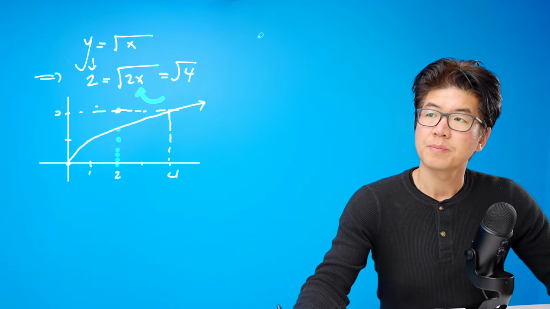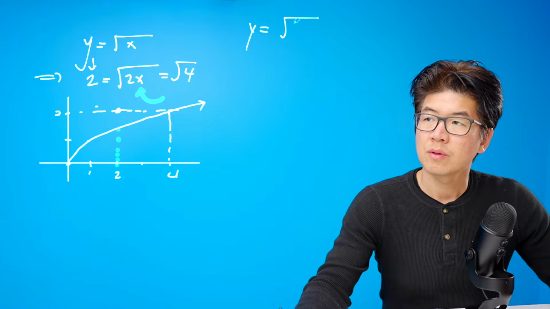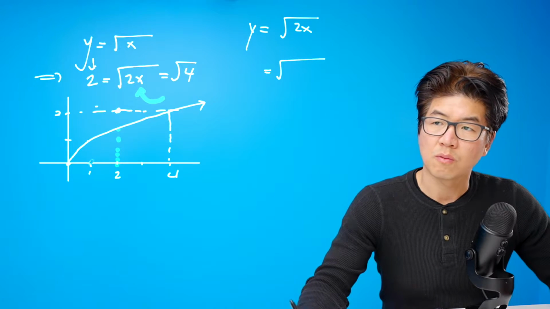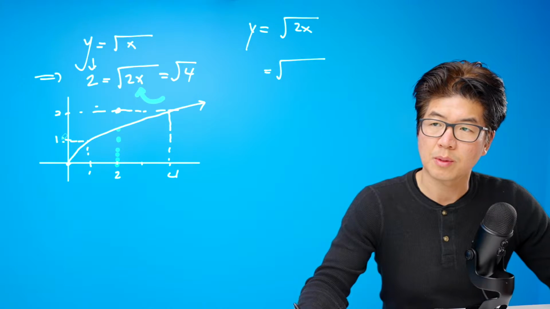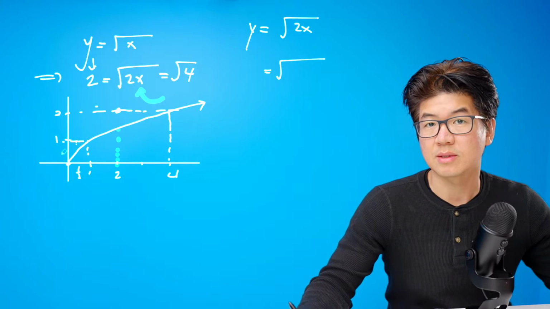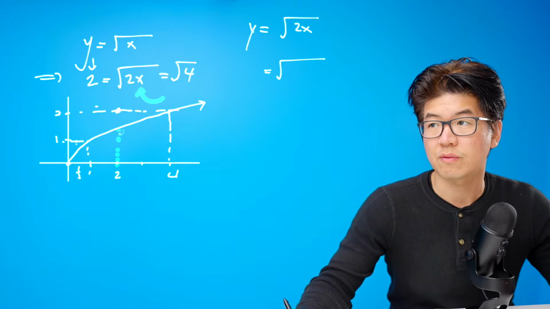Okay, similarly, if I now plug in, instead of 1, I want this y value of 1 to happen twice as fast. That means we need the y value to be 1 when x is equal to half.